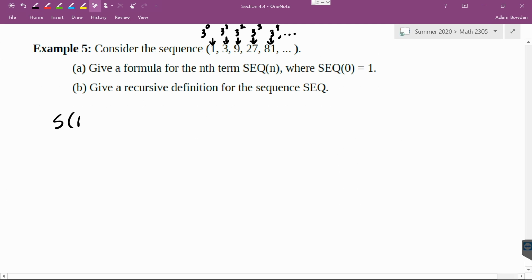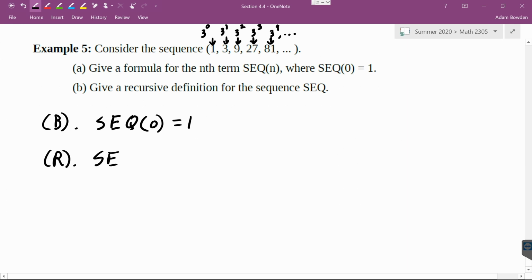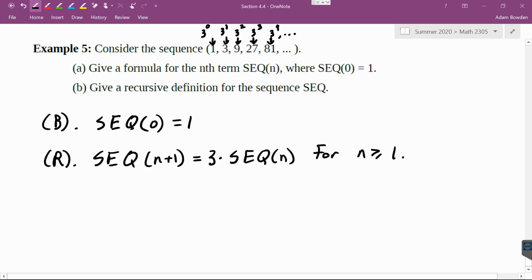Each one is generated by multiplying the last one by 3, is another way of thinking about it. So we can define this recursively with the basis of sequence of 0 is equal to 1. And then the recursive step can be defined by taking sequence of n plus 1 as equal to 3 times sequence of n for n greater than or equal to 1.